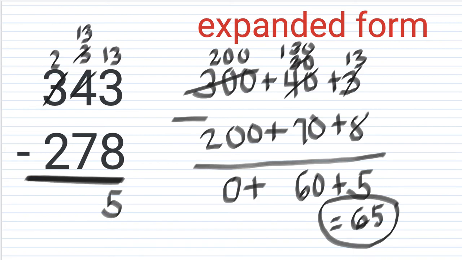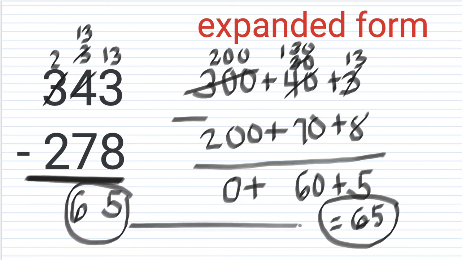Okay. So 13 minus 7, that gives you 6. And 2 minus 2, of course, that's 0. So no need for you to write 0. So the answer here is 65. The same with this one. Okay? Now let's have the last example.